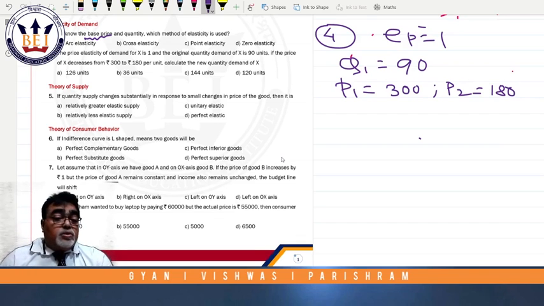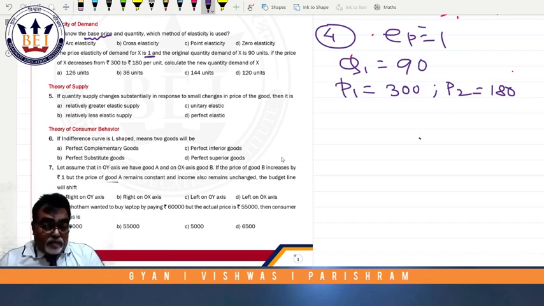When anyone goes through this question, first it may come to mind: elasticity 1, which method should be applied?